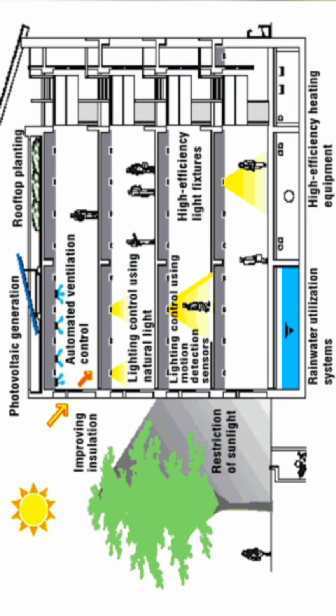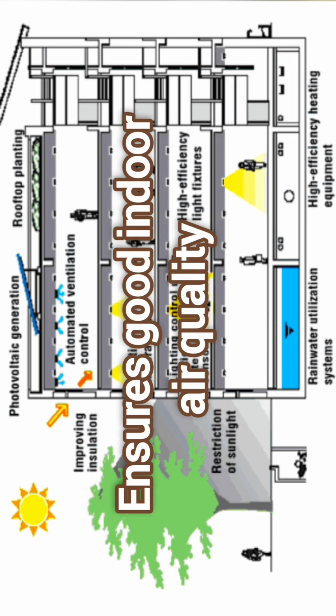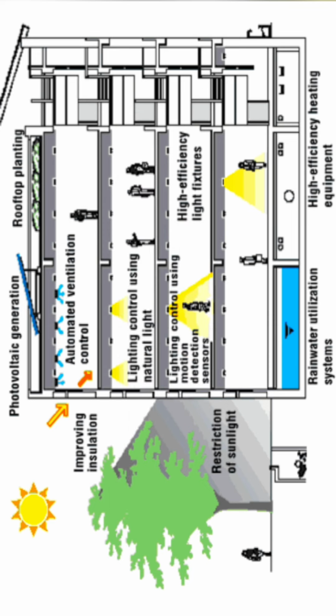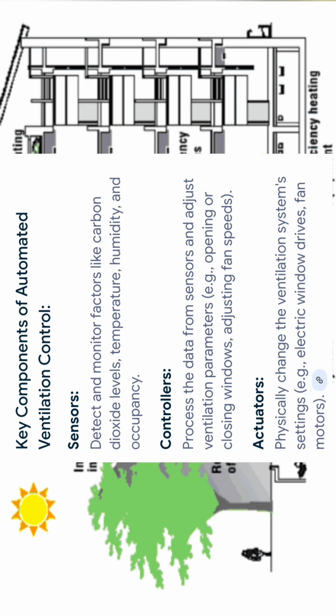Moving on to the fourth point, that is basically automated ventilation control. So automated ventilation control basically refers to providing ventilation that can be controlled automatically. The key components of automated ventilation control include the sensors, the controllers, and the actuators.